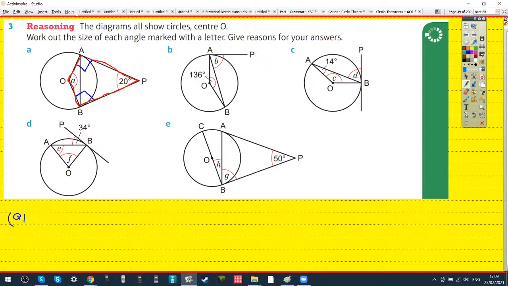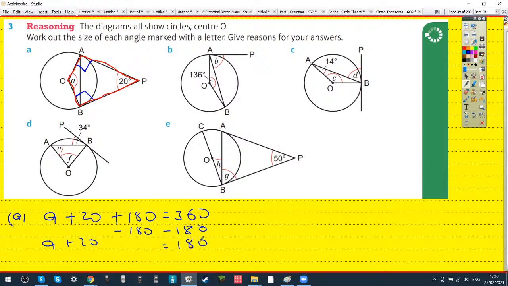How many sides does that have? 4. And so what would all those angles add up to? 360. Yep. And the two 90-degree angles, what do they add up to? 180. And so A plus 20 plus 180 gives us 360. If we take away 180 from both, A plus 20 has to be 180.